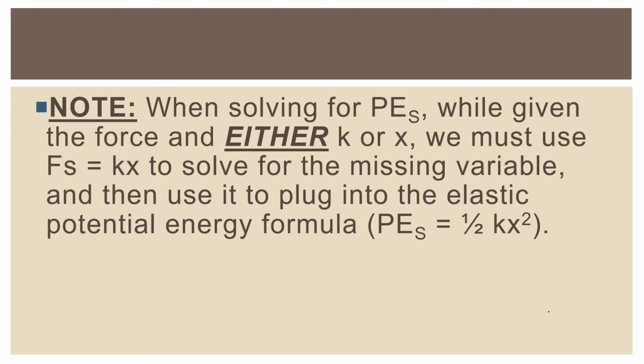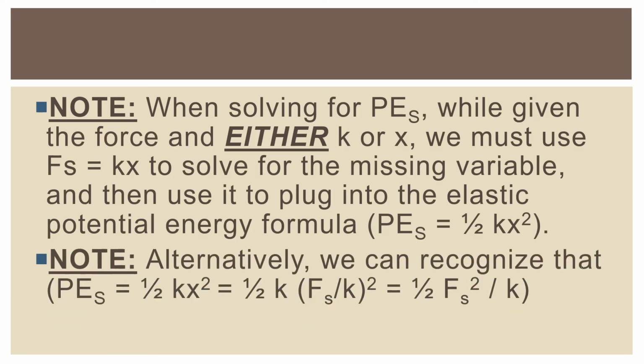Notice that is exactly what we just did. Now, before I tell you to pause this and write this down, it should be noted there is an alternate method. Alternatively, we can recognize that if PES equals 1/2 Kx squared, instead of solving for x and then plugging in the number, we can just solve the equation for x and plug that in.